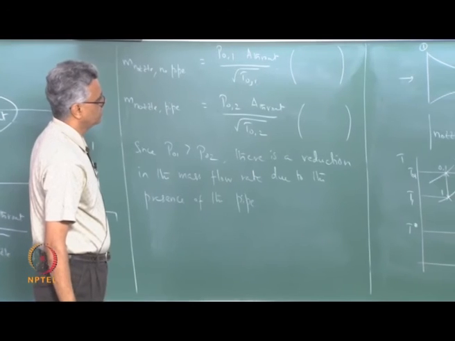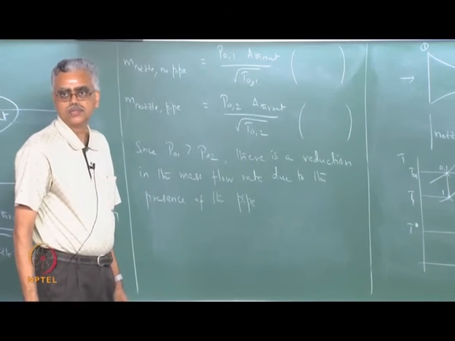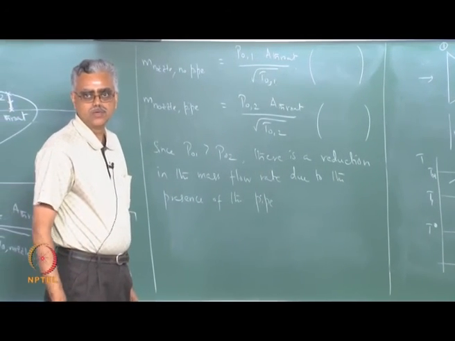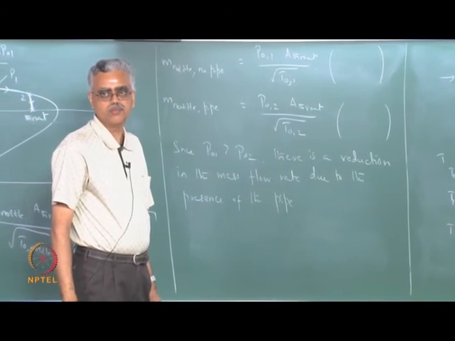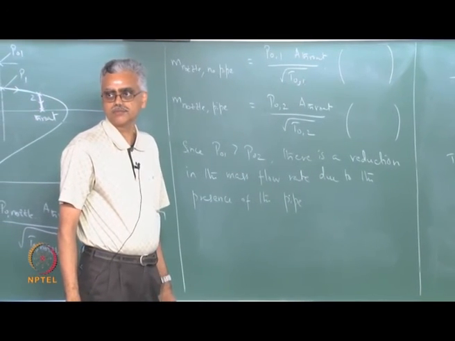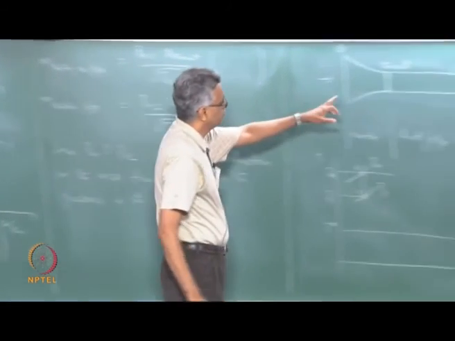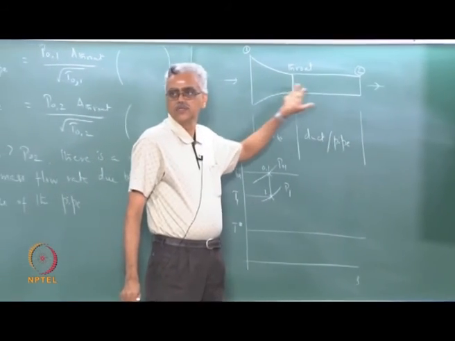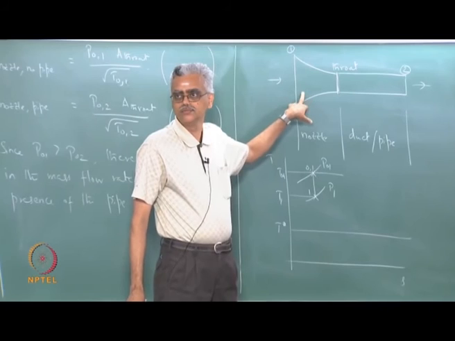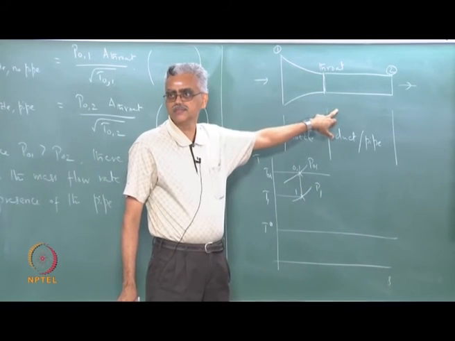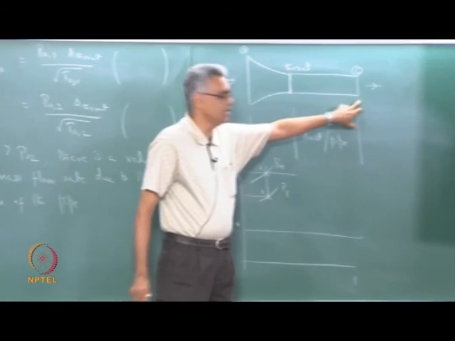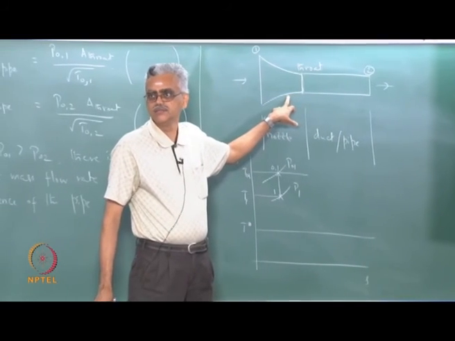Then the flow goes from state 1 to the throat in an isentropic manner, but notice that in this case the Mach number can never become 1 at the throat section, because there is a pipe which follows the throat section. So, this nozzle can never choke when you attach a pipe like this. You can have M equal to 1 at the end of the pipe, but not at the beginning.